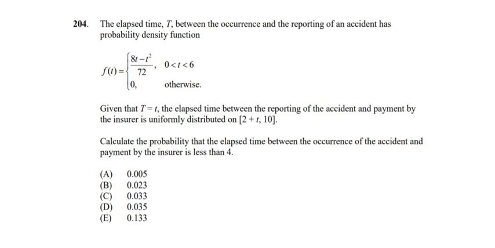Okay, so for this problem, we want to find the probability that the time between this and this is less than 4. So we want to find the probability that the time is less than 4.